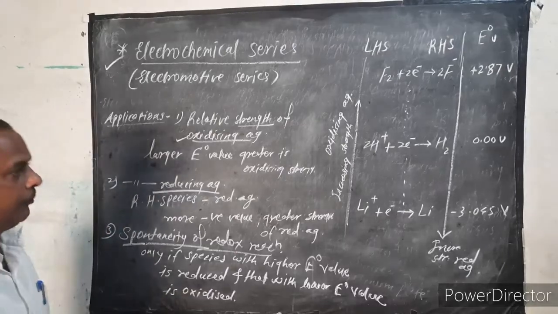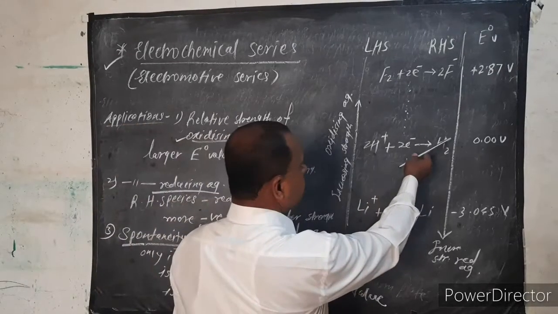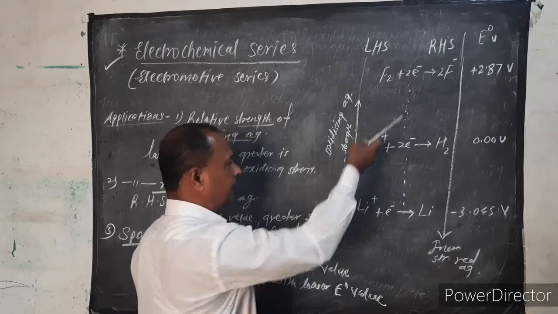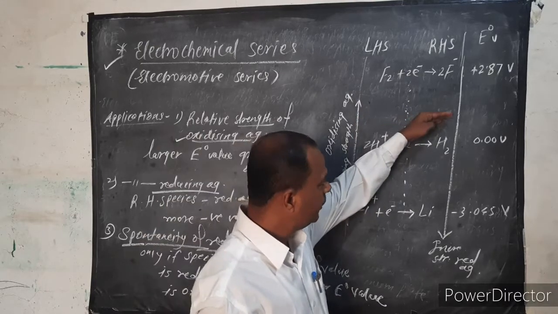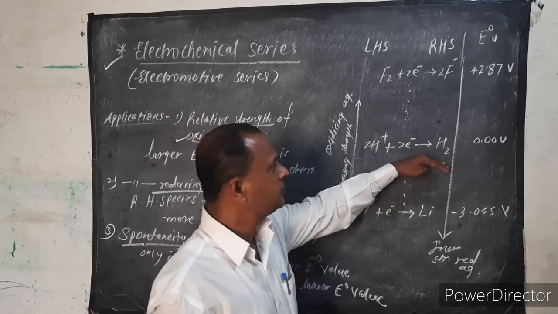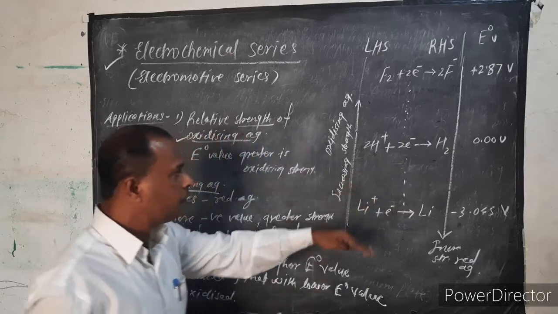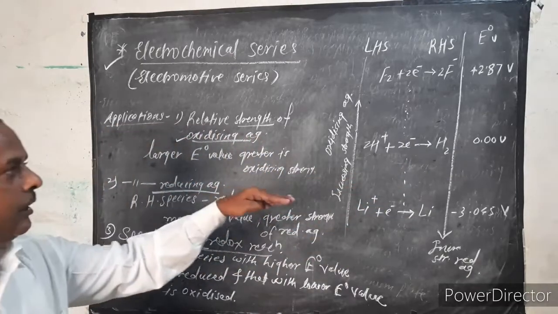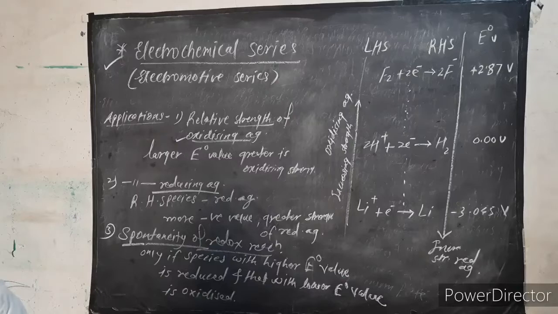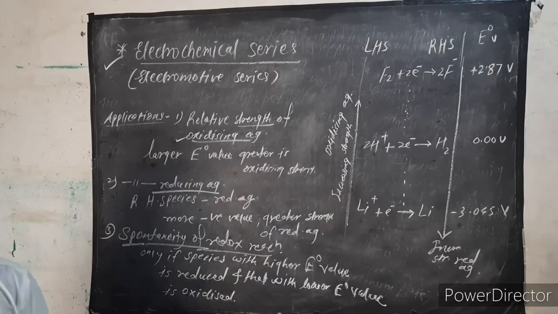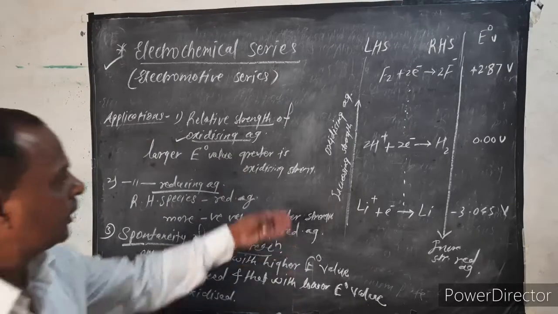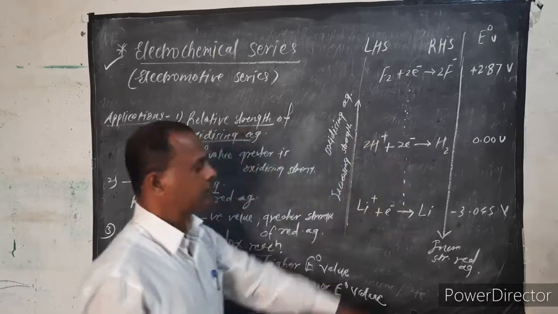This means a substance on the upper side with a more positive value can oxidize the substance below it.